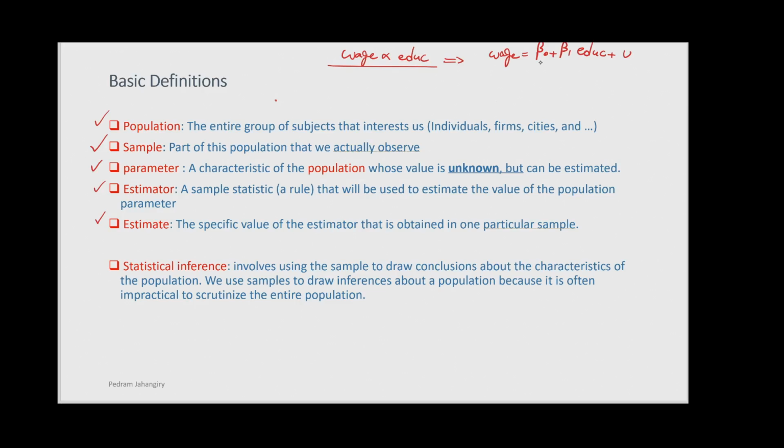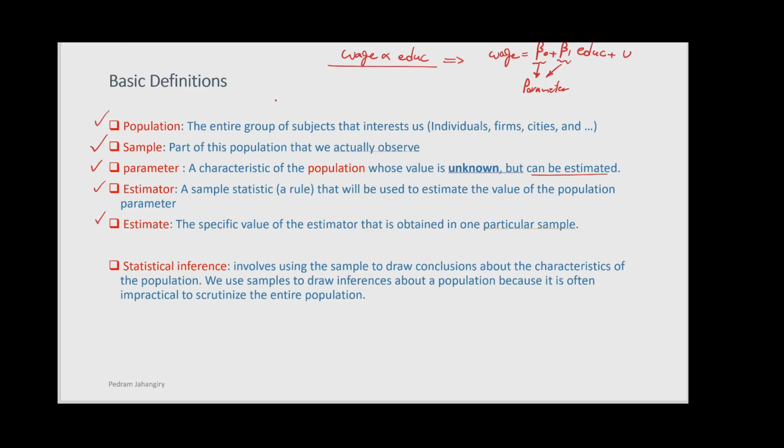Beta 0 and beta 1 are our parameters here. These are characteristics of the population whose value is unknown, and we never get to know the exact value of these parameters. However, we need to estimate them.